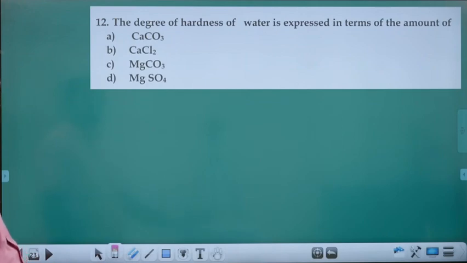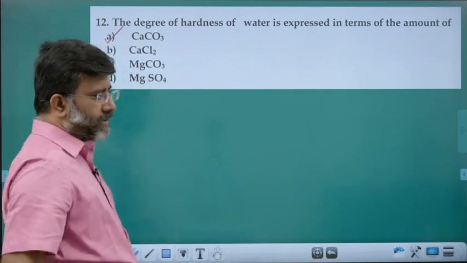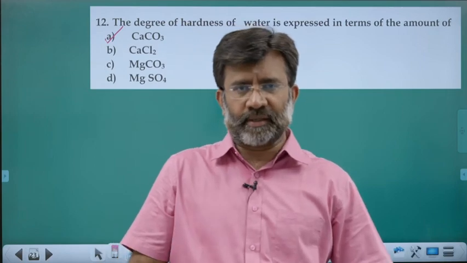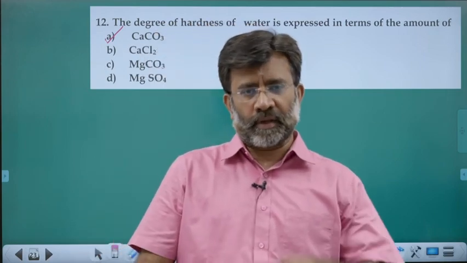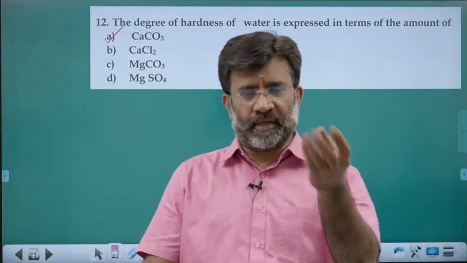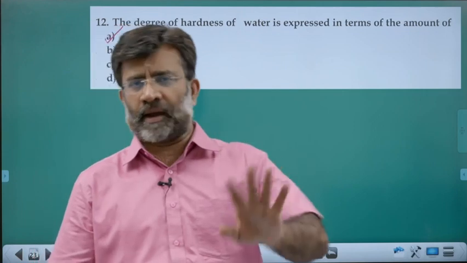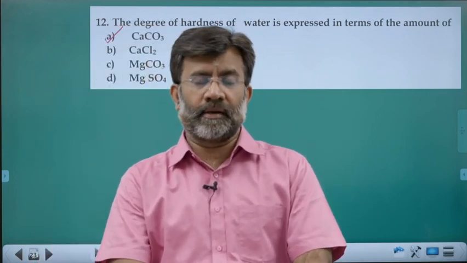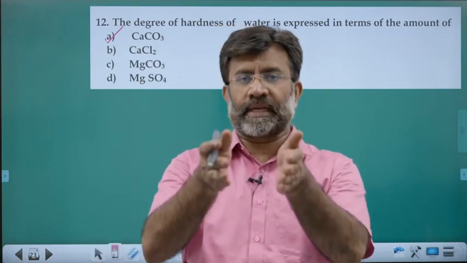The degree of hardness of water is expressed in terms of the amount of calcium carbonate. See, hardness is caused by the salts of calcium and magnesium like bicarbonate, chloride, sulfate. So calcium chloride, calcium sulfate, magnesium chloride, magnesium sulfate, bicarbonates, these are all causing hardness. But the relative hardness of water is referred to in a unique standard.